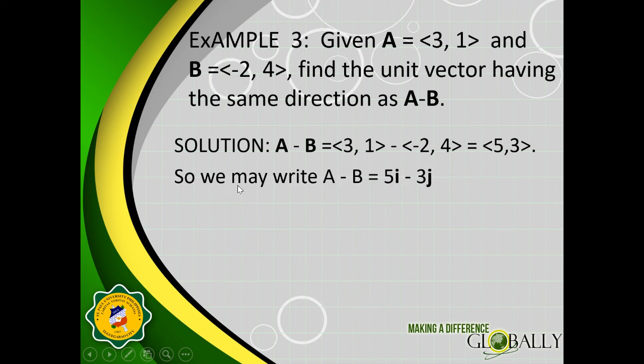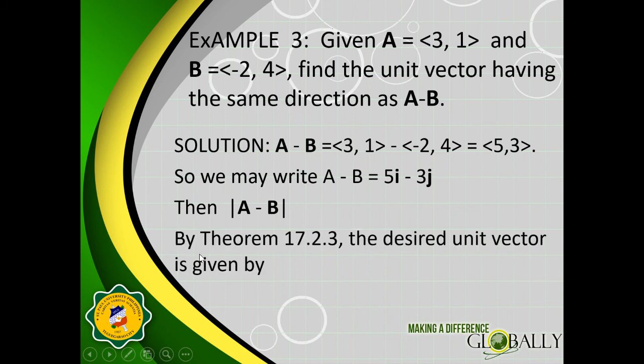So, you may write A minus B equals 5i minus 3j. Then, we calculate the magnitude of the difference of A and B. It equals the square root of 34.